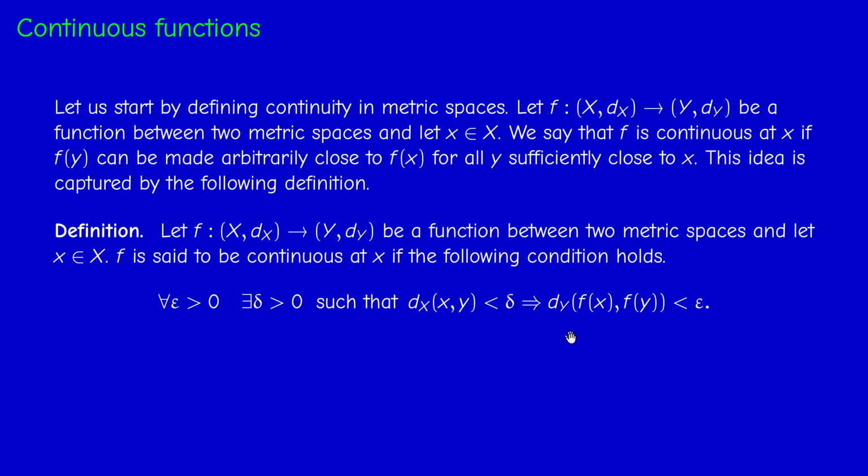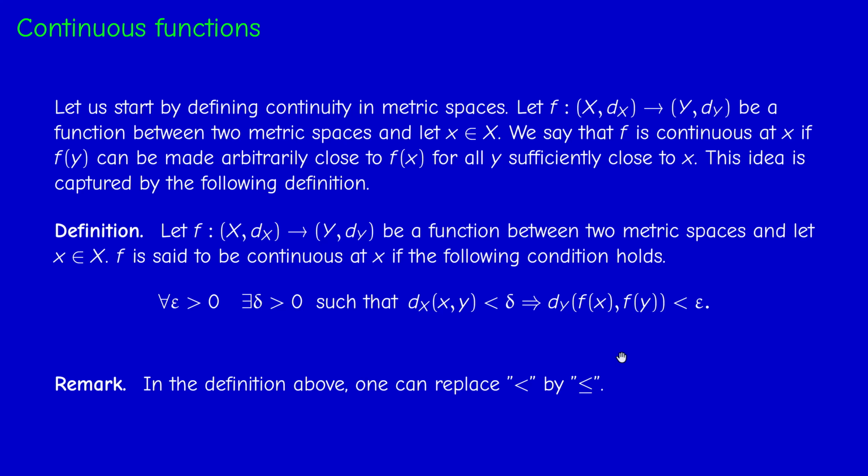And now we want to define the notion of continuity of a function between two topological spaces. So we have to do what we did earlier, which is to reformulate this in terms of balls and neighborhoods. Of course, I must say that you can put less or equal, it doesn't change anything, because if it's less than epsilon, it's less or equal.